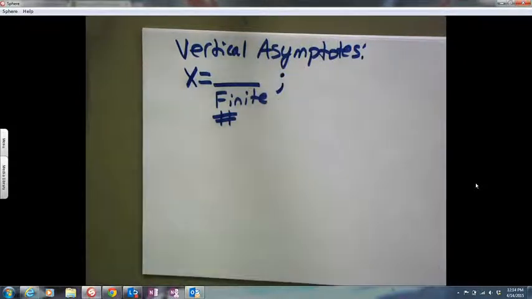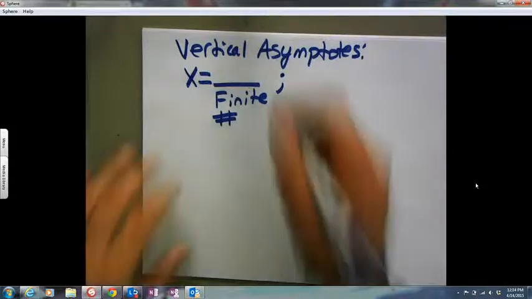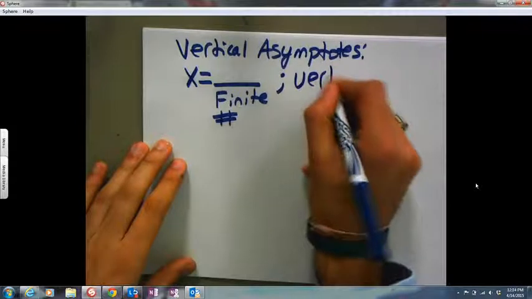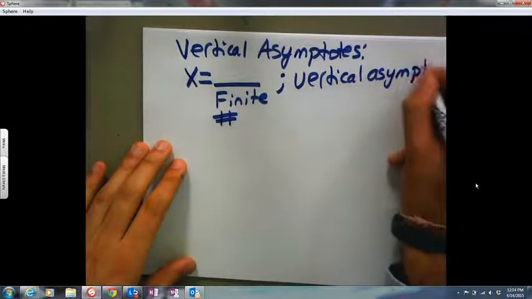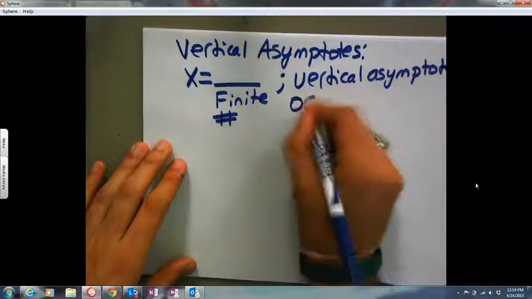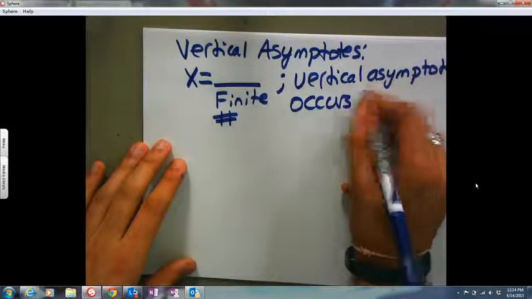And a vertical asymptote occurs at x equals c. Remember, an asymptote is a line.